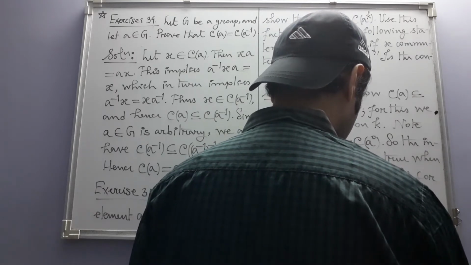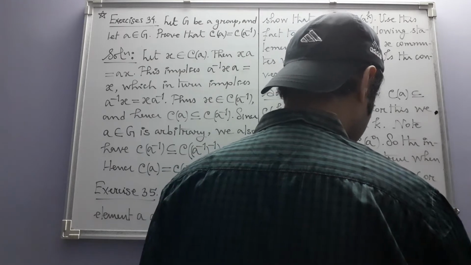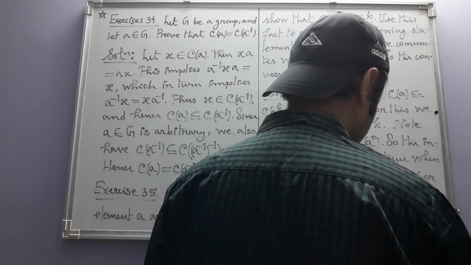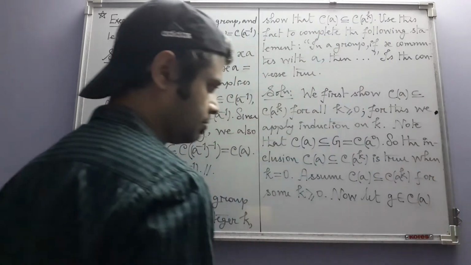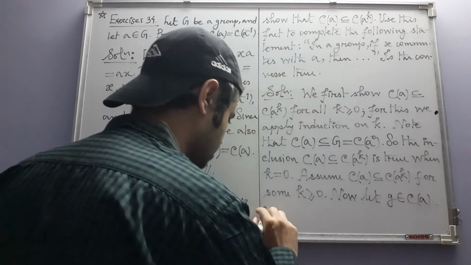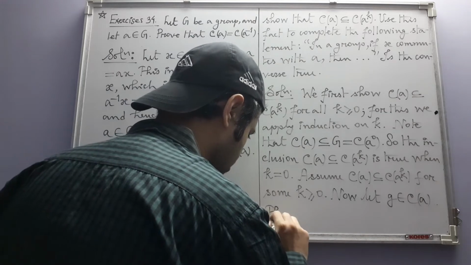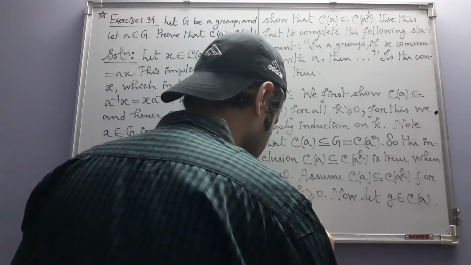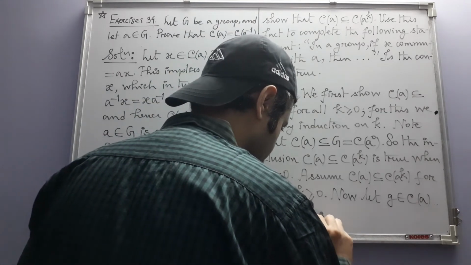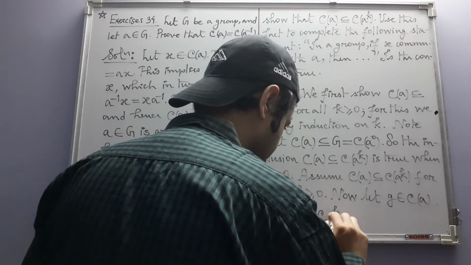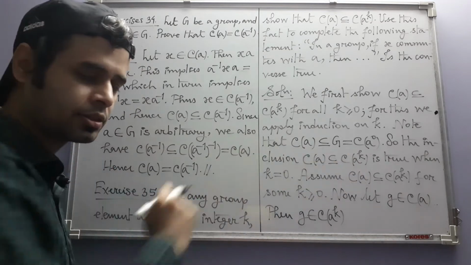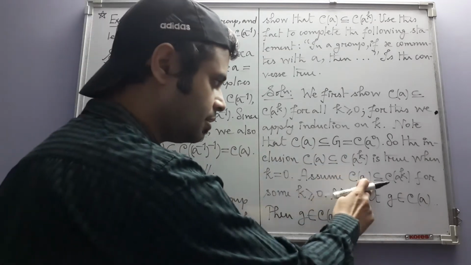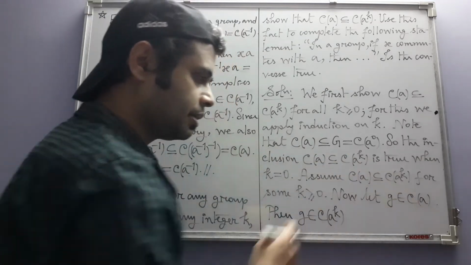Now let G belong to CA, then G belongs to CA to the power k, that is by the induction hypothesis. Being in CA also means that the element is here.